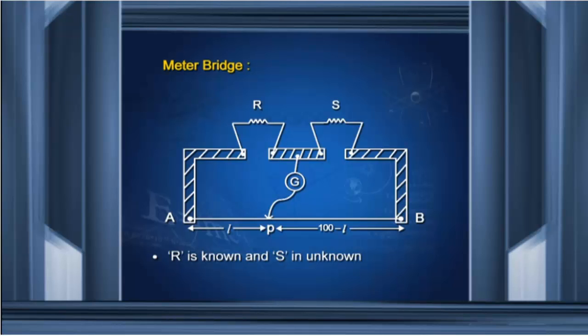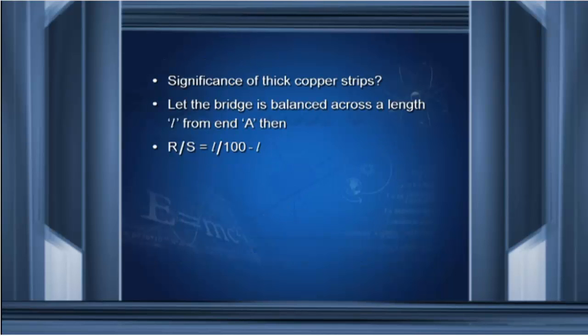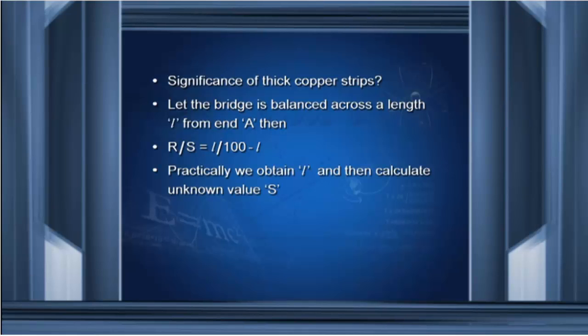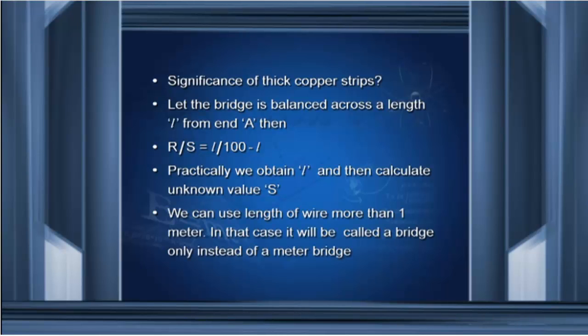If the point P where the galvanometer shows zero deflection is at a distance L from the end A, then the length of AP is L and the length of BP will be 100 minus L. So R upon S will be equal to L upon 100 minus L. Practically we obtain the value of L and then we calculate the value of unknown resistance S. We can use the length of wire more than 1 meter. In that case, it will be called a bridge only instead of meter bridge.